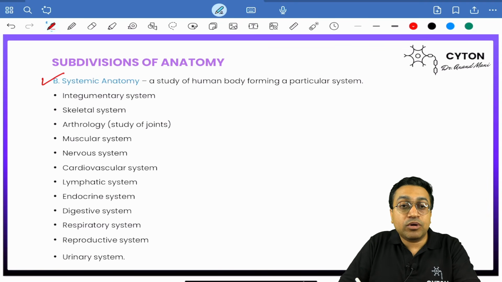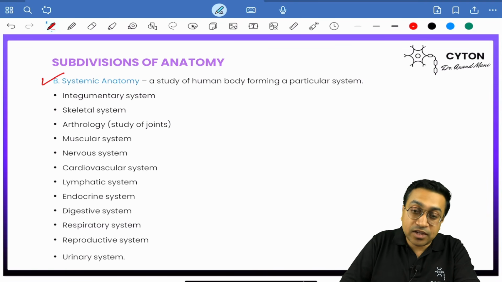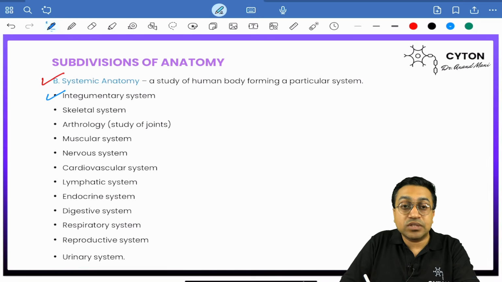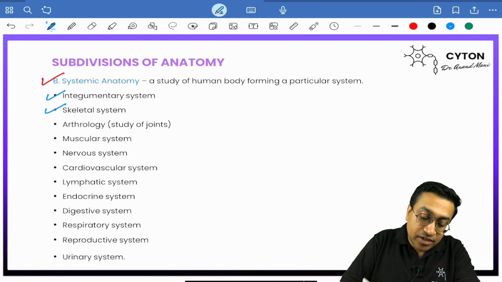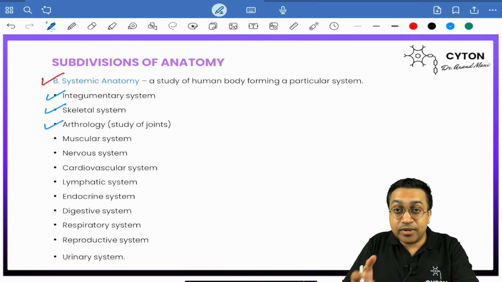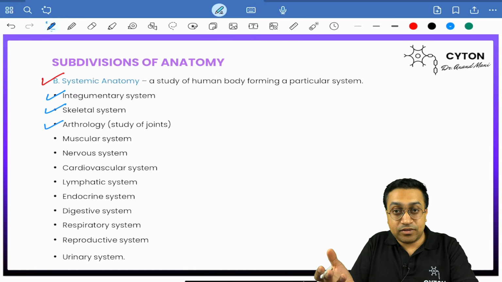And if you talk about systemic anatomy, it includes the integumentary system that revolves around the skin, and then you have the skeletal system, which I showed you in 3D also, that is the bones. Then arthrology, the study of joints. You can imagine the bones and the joints are a separate MS branch, orthopedics, you might have heard of.